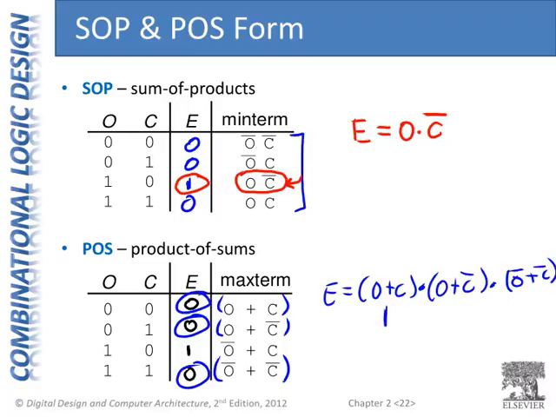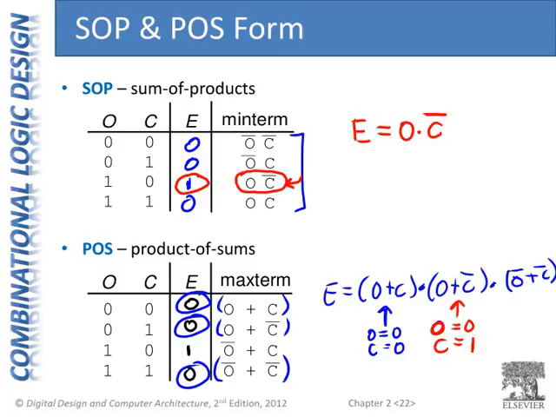So this term is going to force the output E to 0 in the 0, 0 case. O equals 0, C equals 0. This term here is going to force the output E to 0 in the O equals 0, C equals 1 case, because it'll evaluate to 0 in that case.